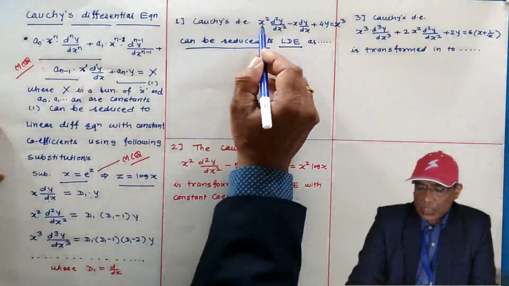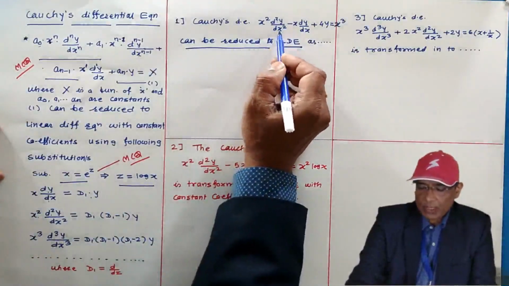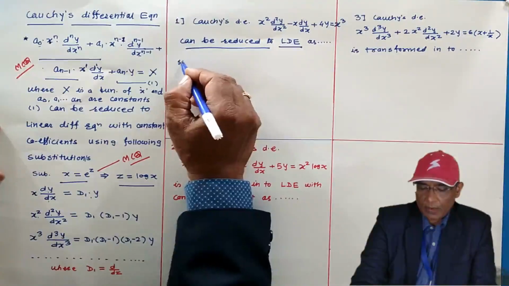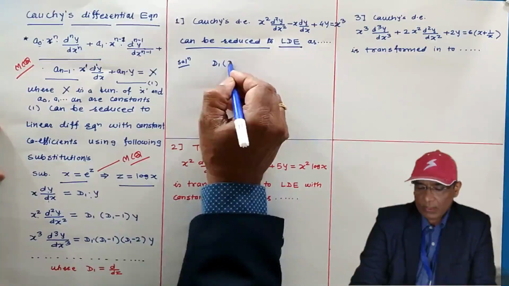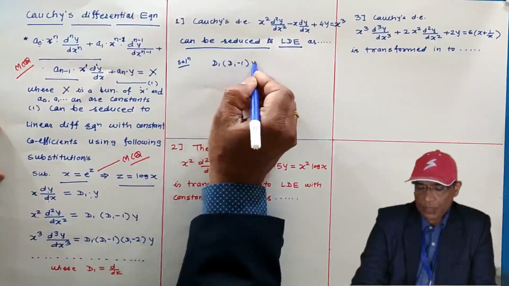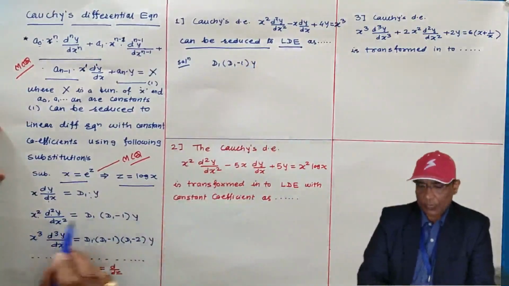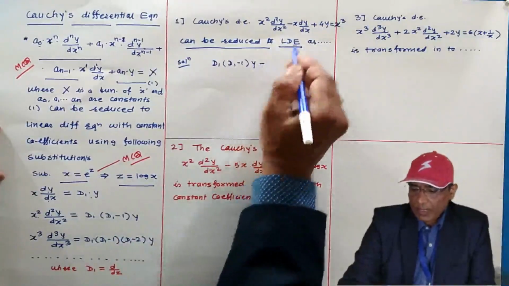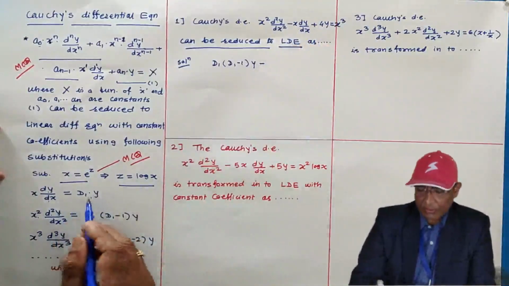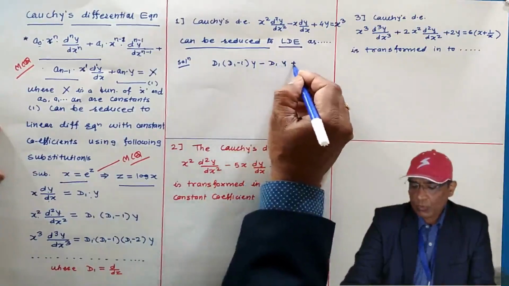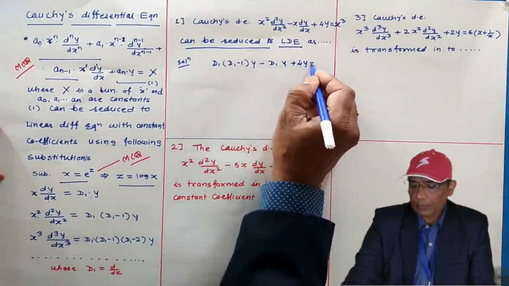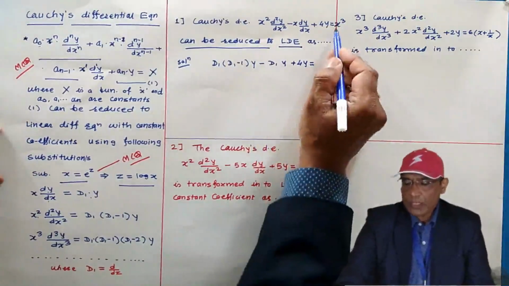See, x square d2y by dx square is replaced by D1(D1 minus 1)y. x dy by dx is replaced by D1y, plus 4y, and x cube.